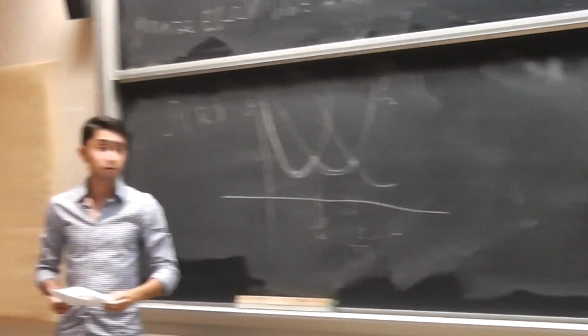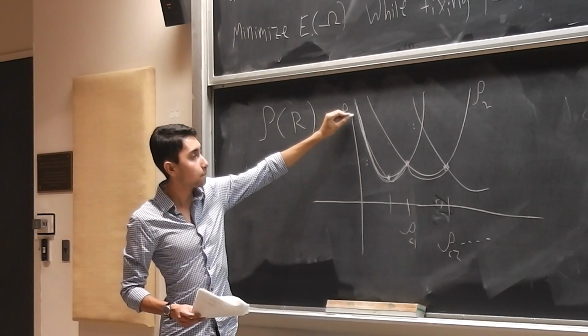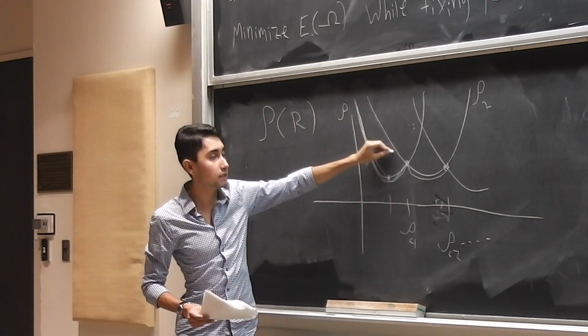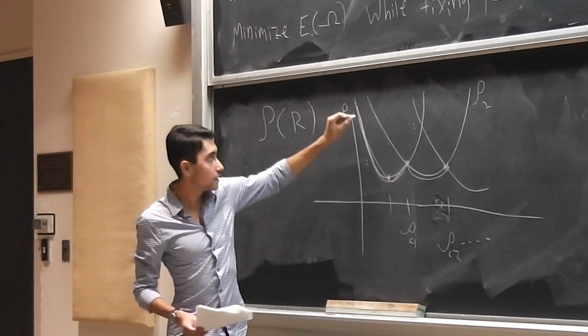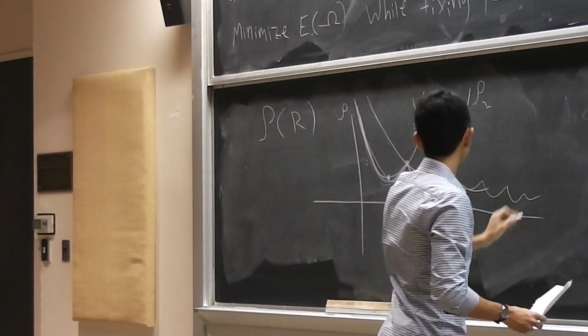Rho C1 is just the point where the energy density of one ball of mass m equals the energy density of two balls of mass m over 2. So we can just minimize this over all n and we get this spiky function.